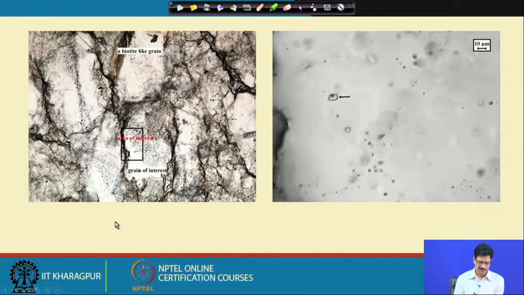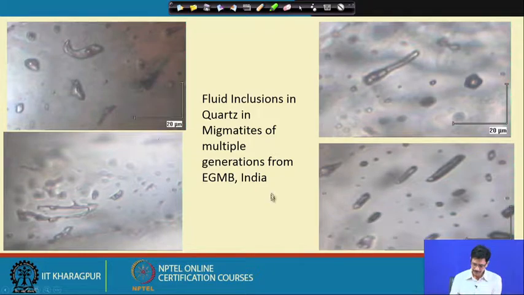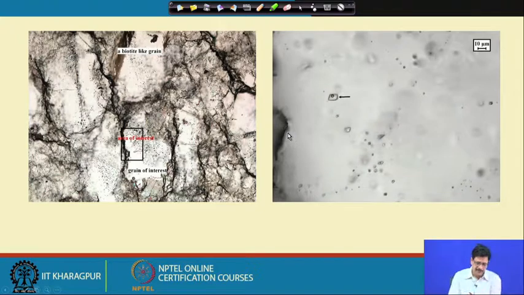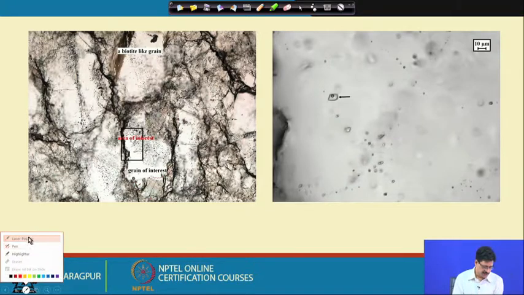We could see the transgranular healed cracks as well as the clusters, and also grains of quartz, for example this particular grain, having a differential population of the inclusions in the core compared to the periphery, and the same is the situation here. When we magnify this part, we see the inclusion population with diverse sizes and shapes.